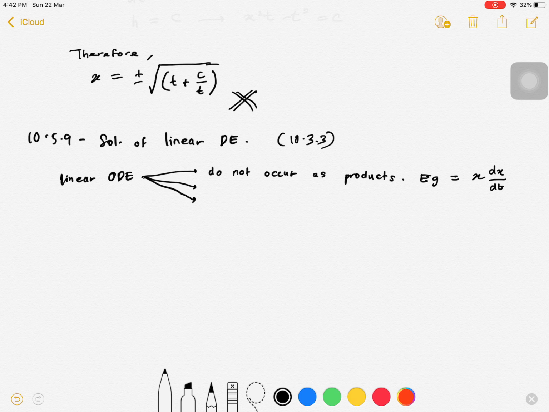We know that the dependent variable x, when two of them multiply with each other, will not be linear, it will be non-linear.